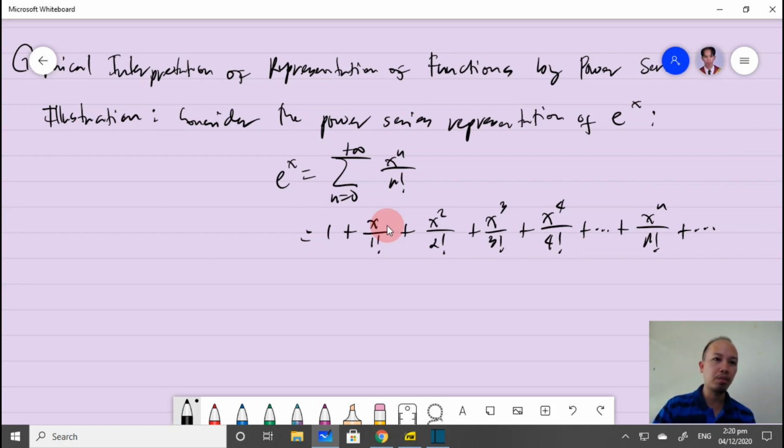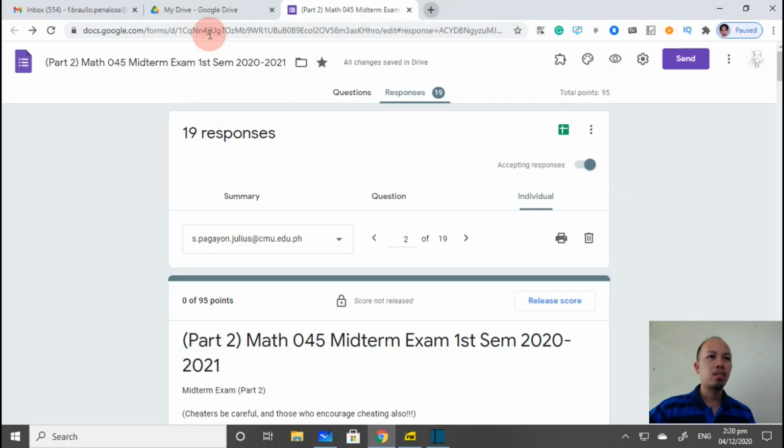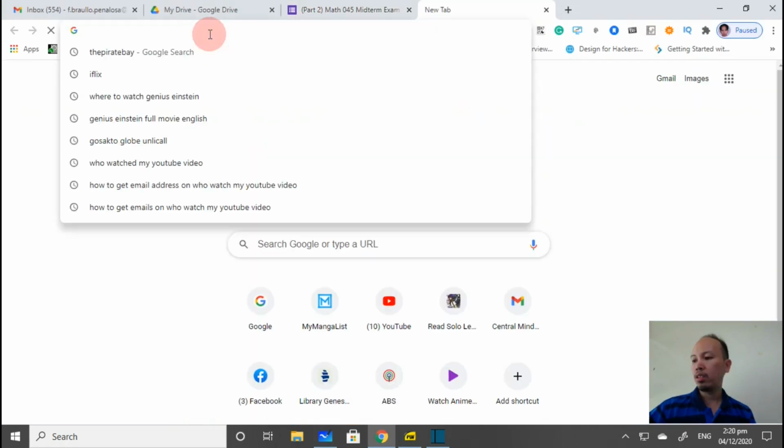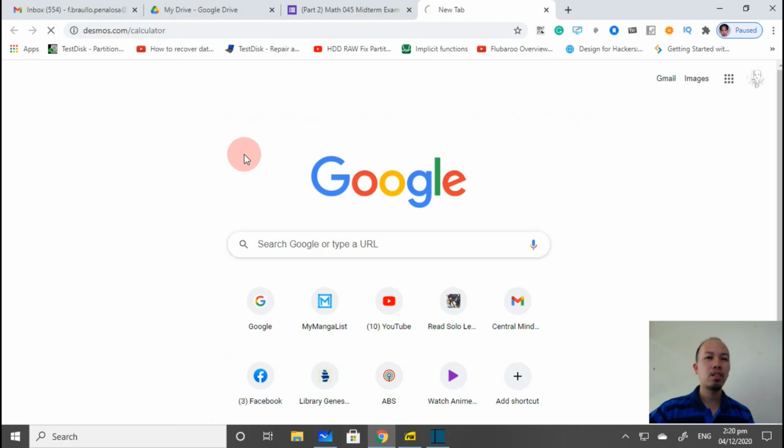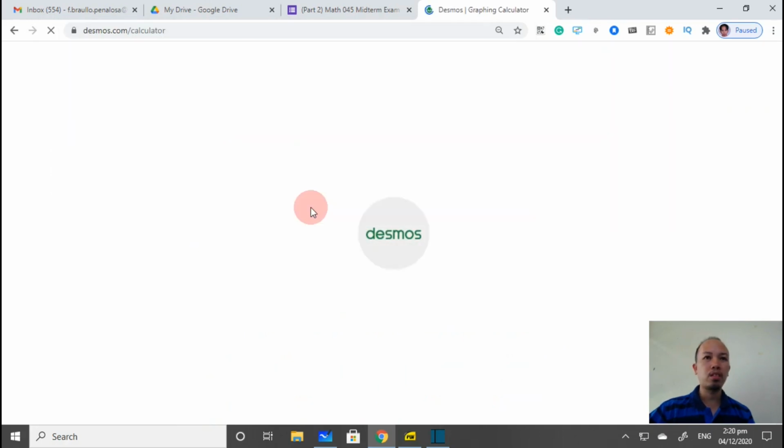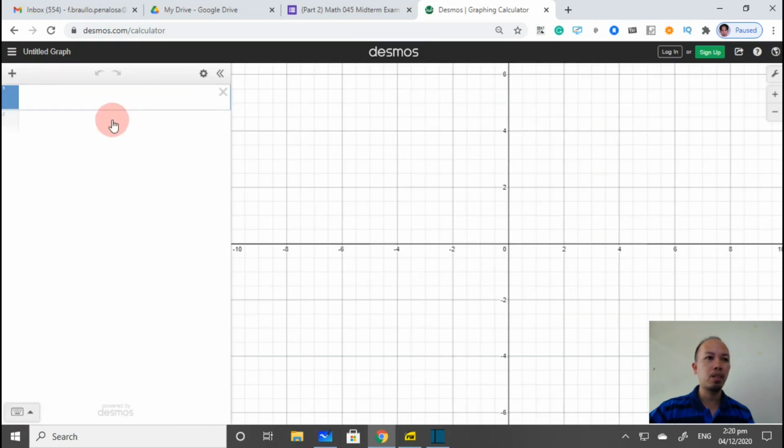Okay, we are going to graph the function, and then let's estimate the function by its power series. Here we have the Desmos graphing calculator.